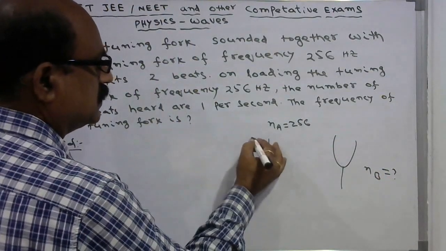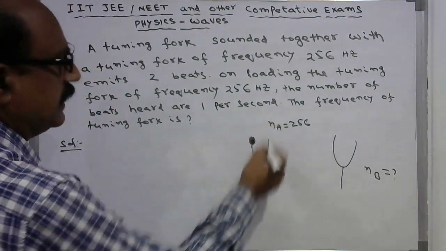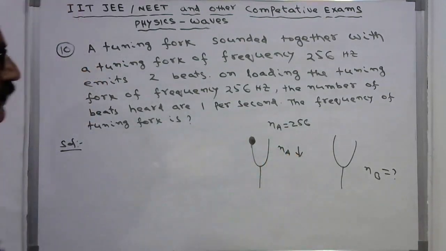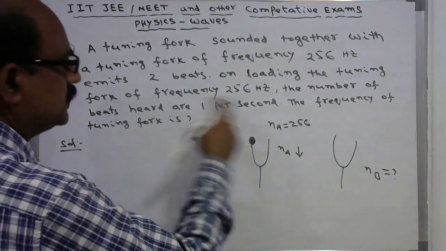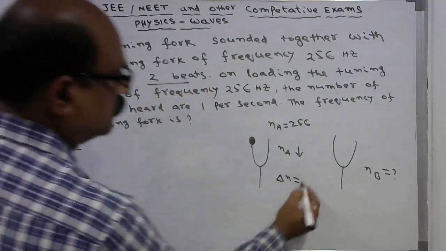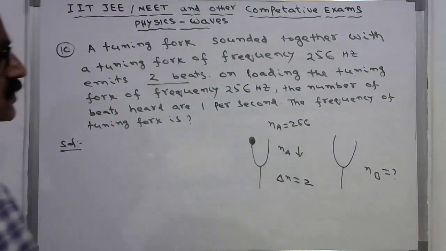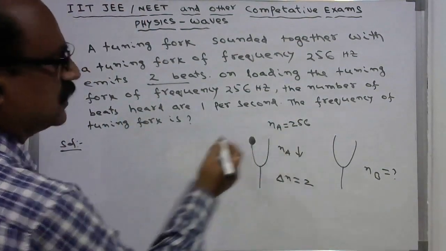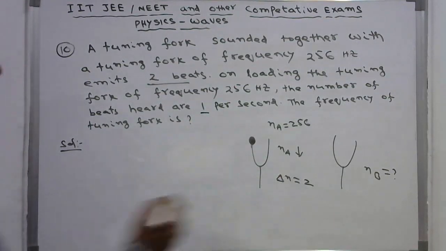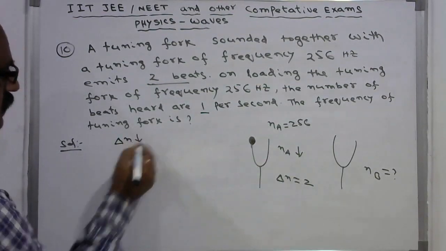But here this is waxed. So on waxing, naturally what happened? NA will decrease. And the beat frequency is initially given as 2 beats per second. So after waxing the known one, it is reduced to 1. So NA, the known value, is decreased, and in this case delta N is decreased.